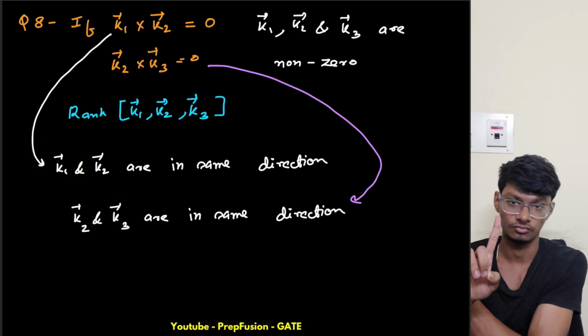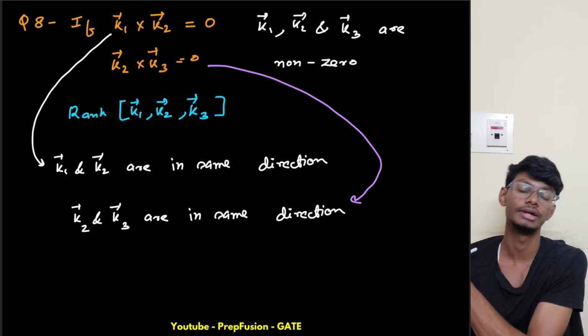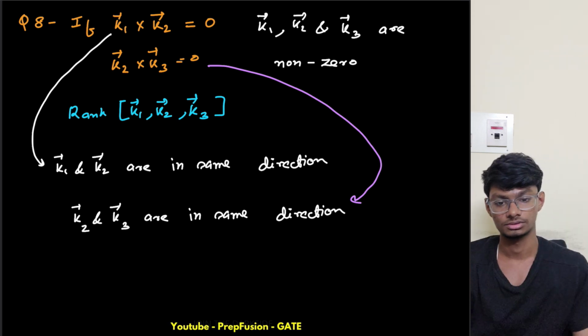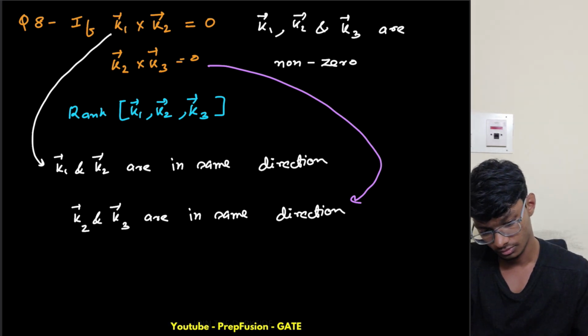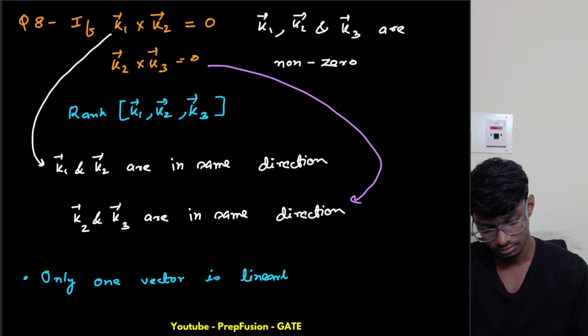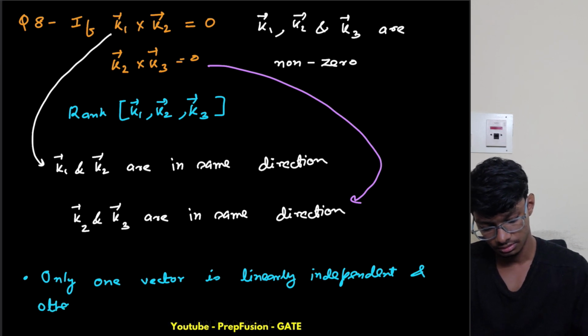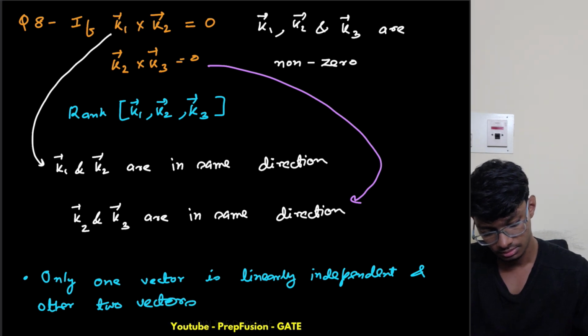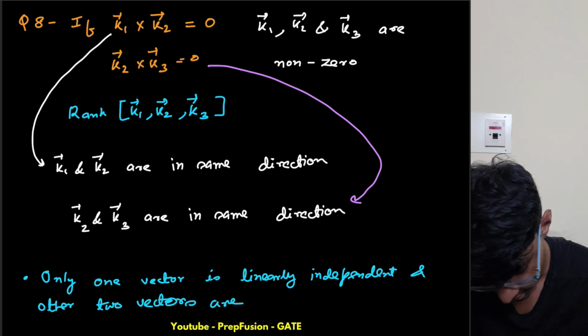So only one vector is linearly independent and the other two vectors are dependent on it. Okay, let me write this in a better manner.